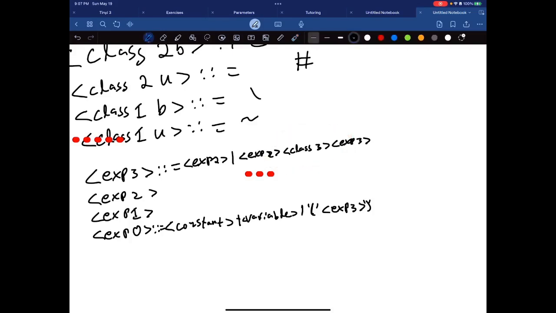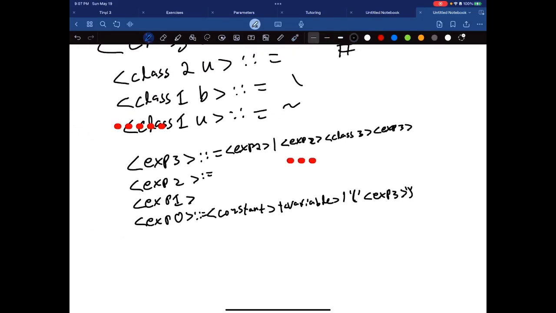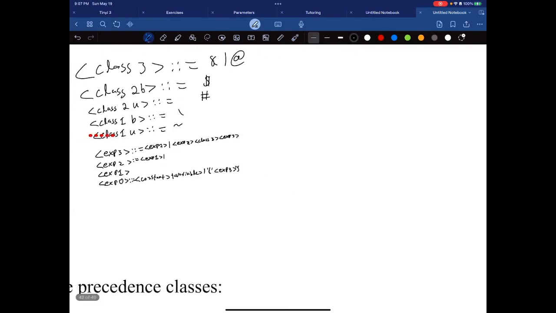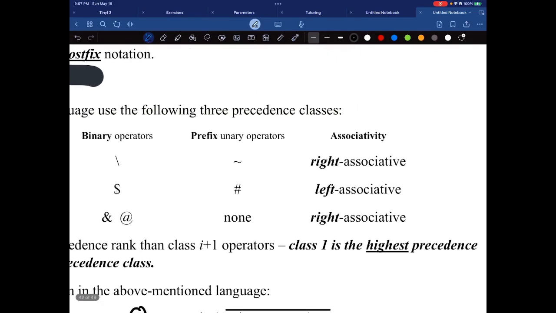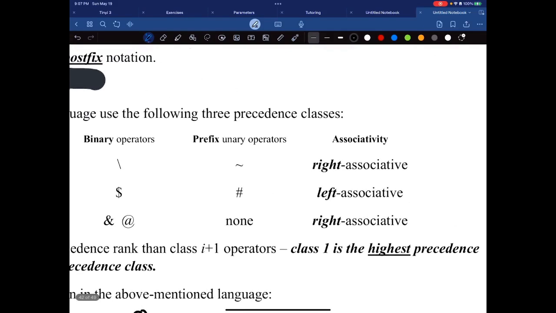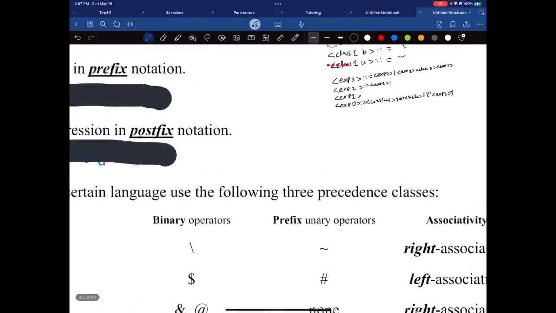Okay. And then in expression 2, we have again two parts where we can have expression 1, or remember class 2 is left associative. So the call to that same expression is going to be on the left side. We're going to deal with binary first.